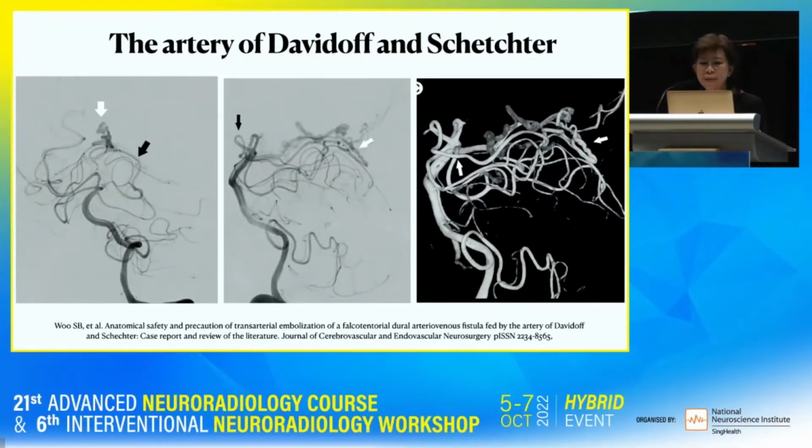But one interesting thing, I was speaking the truth that in the past, I didn't know this artery. They say that this artery is a branch usually arising from the P2 of the PCA.